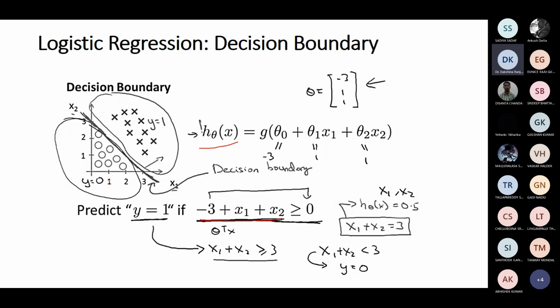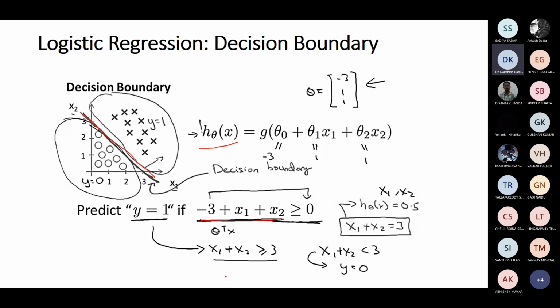So these data points will be placed on the lower half of this decision boundary, and the upper right will be occupied by the points which belong to y equals 0. Okay, so this is the decision boundary.